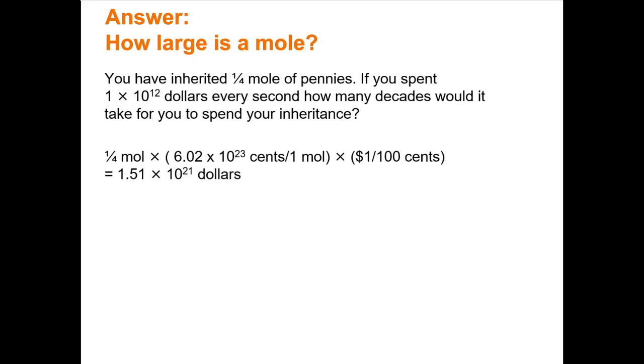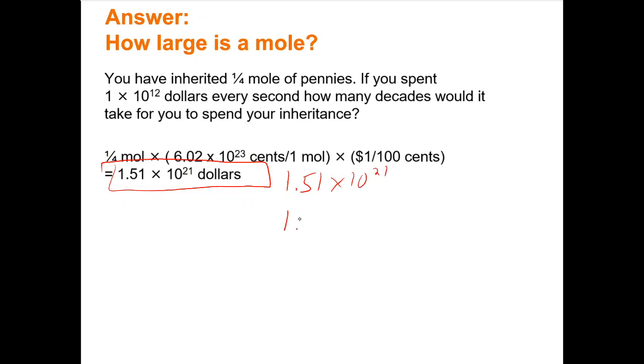So 1/4 of a mole is equal to 1/4 times 6.02 times 10 to the 23rd cents per mole, and that's equal to $1 per 100 cents. So we have a 1/4 mole of pennies, which are each 1 cent, so it's 100 per dollar. That means we have 1.51 times 10 to the 21 dollars. Let's look at that, 1.51 times 10 to the 21.